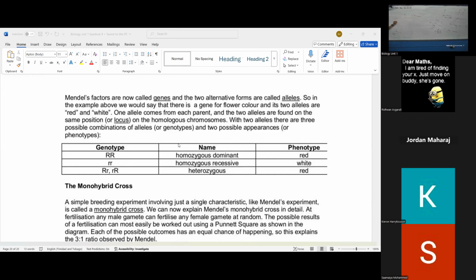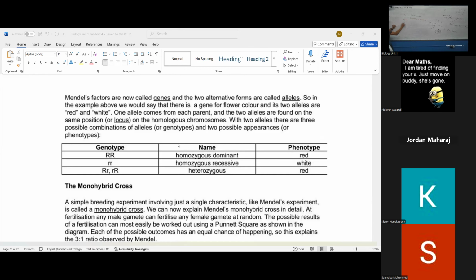Right, so how do you describe the other one? Homozygous recessive.